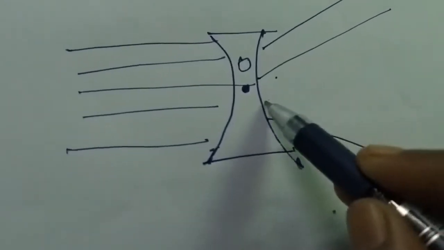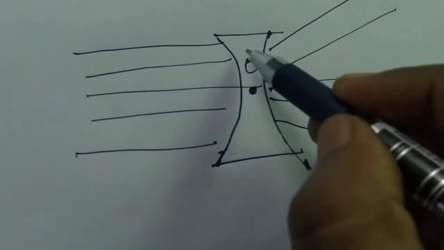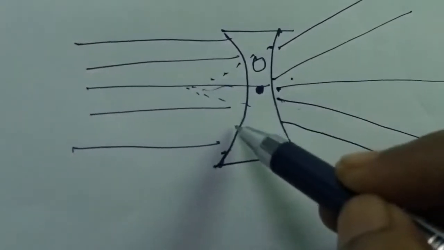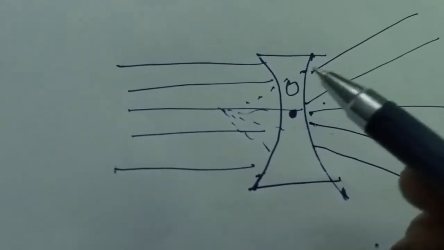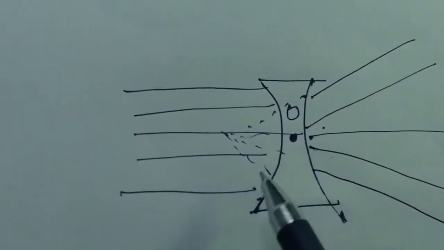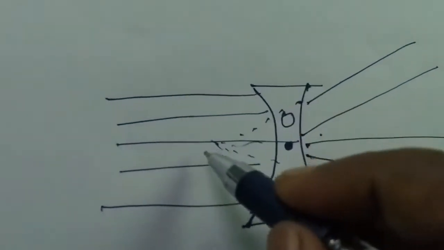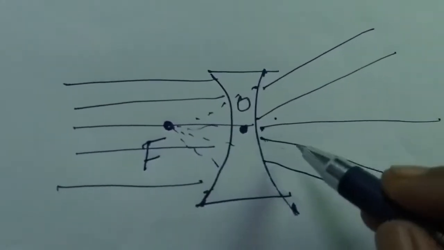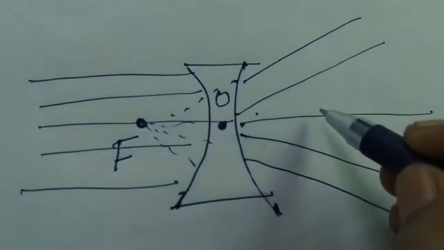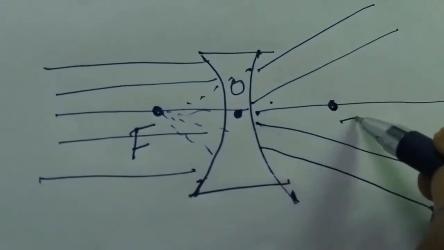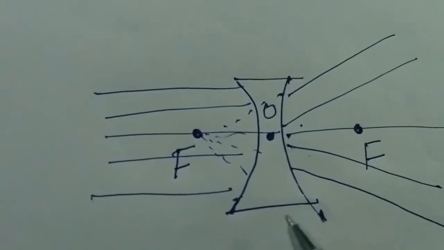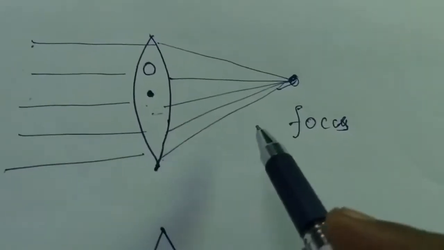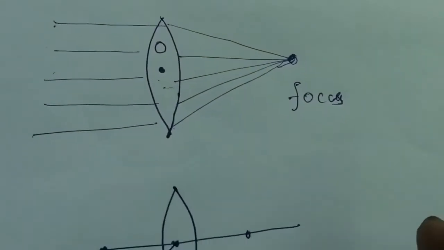The rays of light diverge from a particular point, and this point is called the focus. The same focus also forms on the other side of the lens. A concave lens is also called a diverging lens, and a convex lens is also called a converging lens.